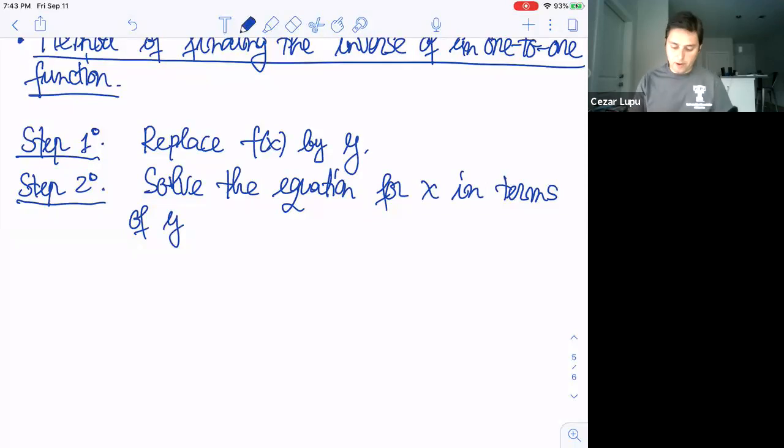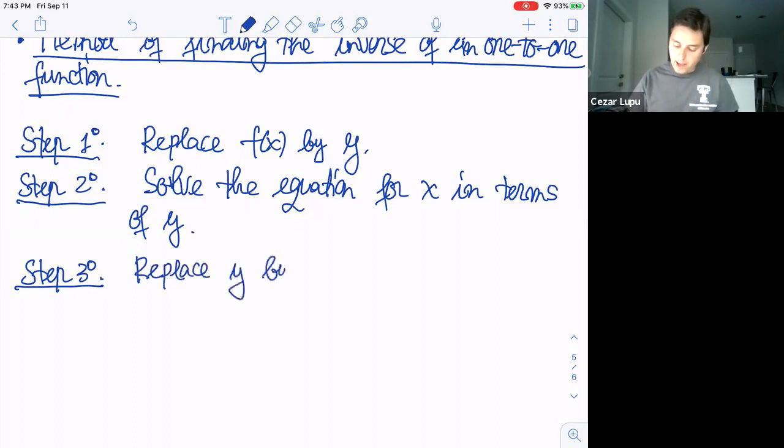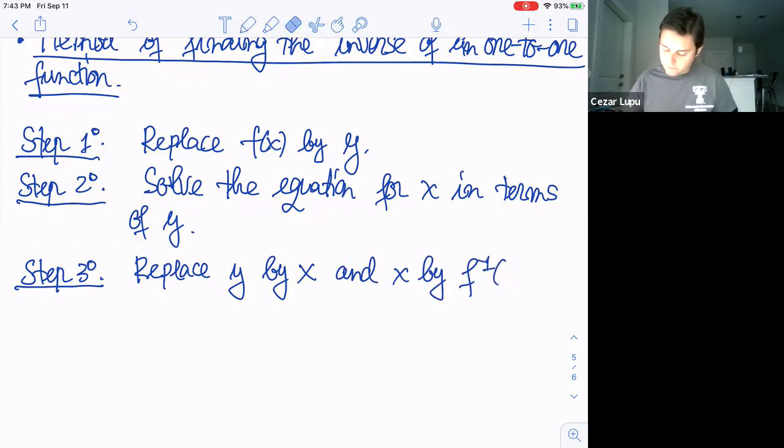And now step three: we replace y by x and x by f inverse of x.